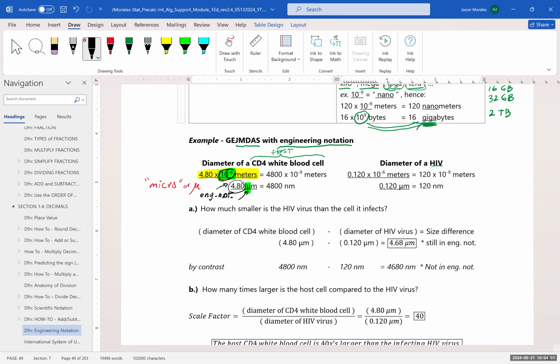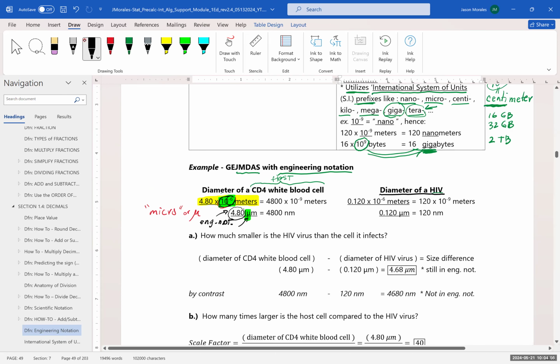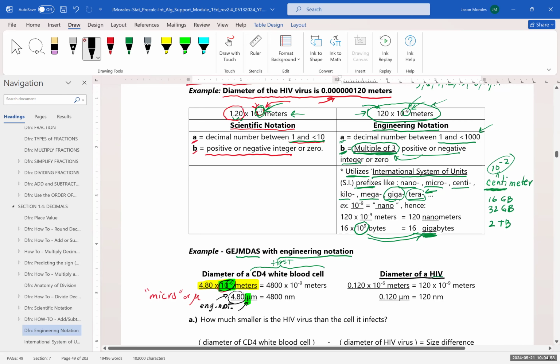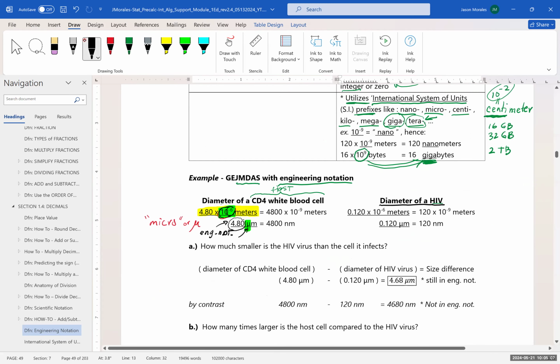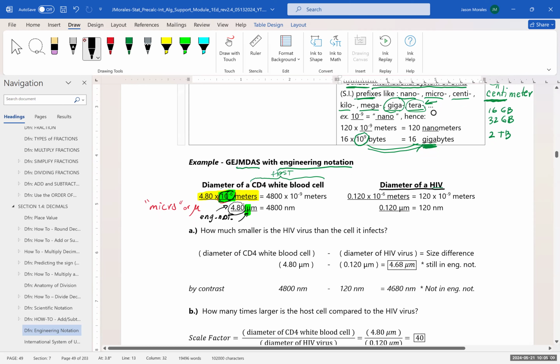Now let's flip over to the diameter of the HIV virus. Remember, this was originally 1.2 times 10 to the minus 7, but 10 to the minus 7 is not a multiple of 3. So we want to convert that to a multiple of 3. But the multiple of 3 we want to change it to is the same multiple of 3 that we're going to be subtracting or dividing it from later.